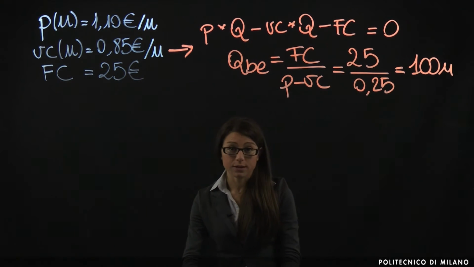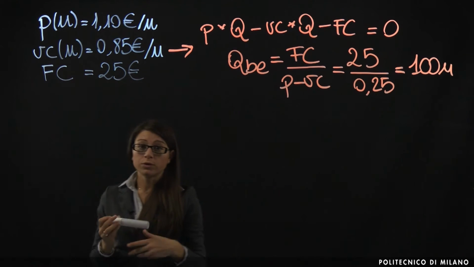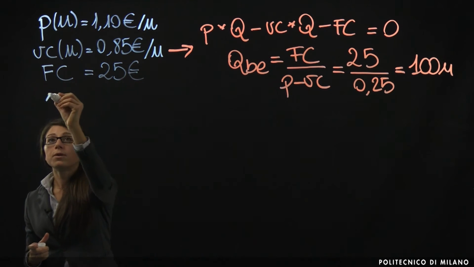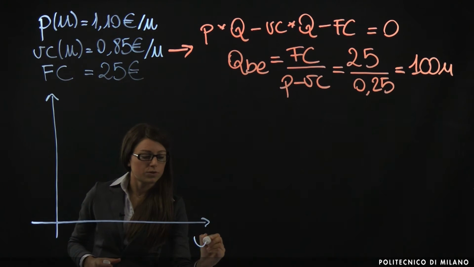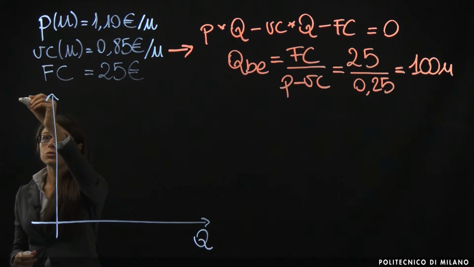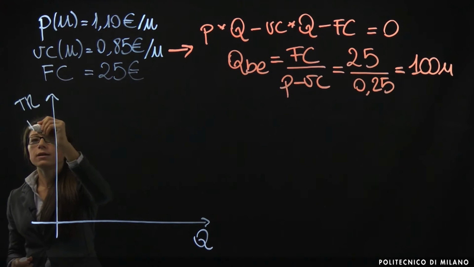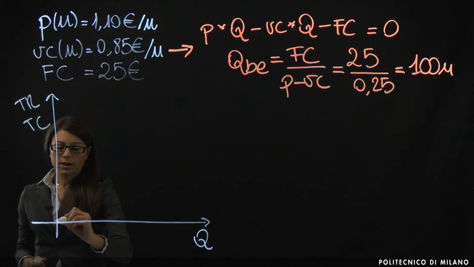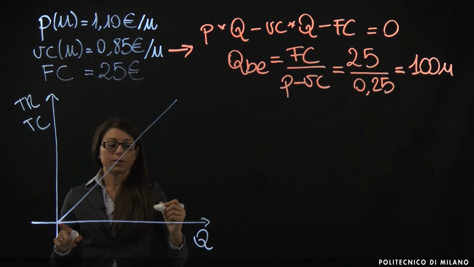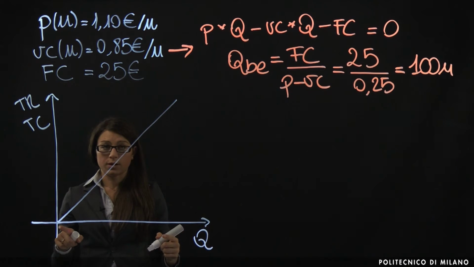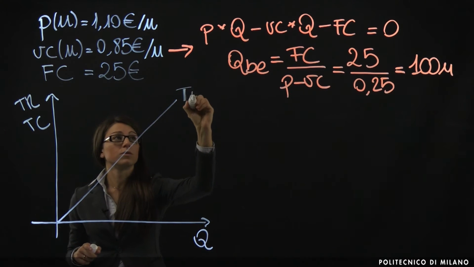We can also graphically represent our quantity to break even by plotting the quantity on the horizontal axis with respect to total revenues and then total costs. Total revenues have this shape because it is price multiplied by the quantity. If the quantity is 0, then the revenue is 0. So this is the total revenue.